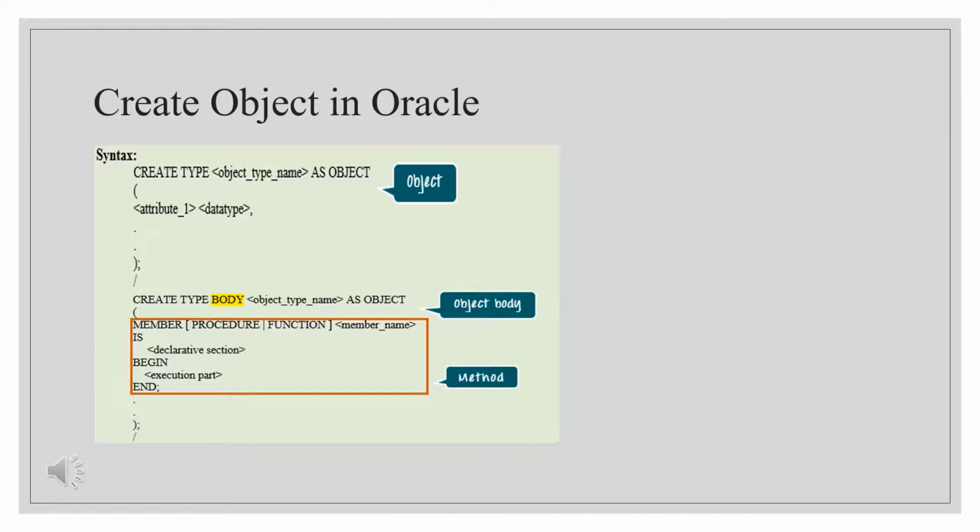The important syntax here is begin and end, where after begin the main execution part of the object type starts, and end defines the end of the execution code, after which we can also add exception handling below this. Now let's check the practical implementations.